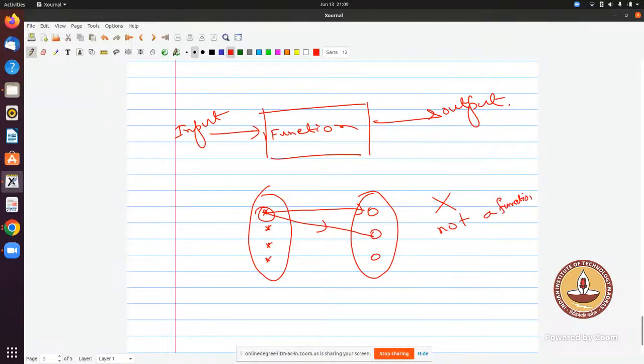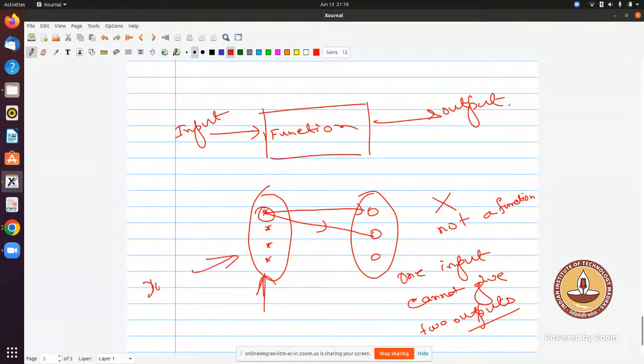One input cannot give two or more outputs. So this is the first condition. And second, every element of this side, every element of the domain, from where we are taking the inputs, this is called the domain. Every element of the domain must have an image. I mean, every element should go somewhere.